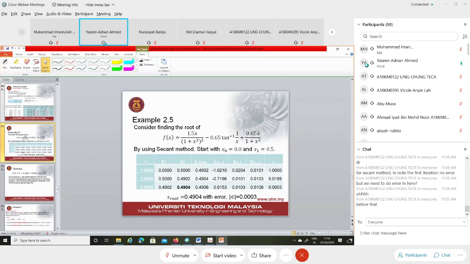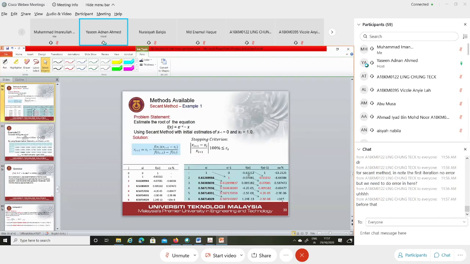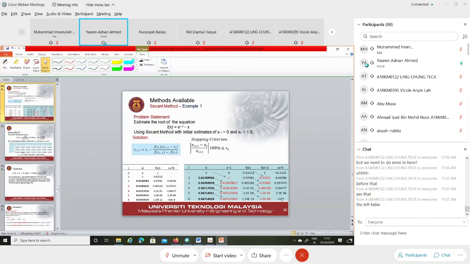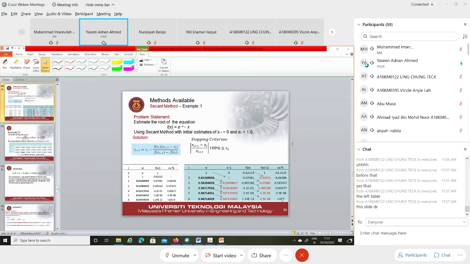Where? We also have error. Which part? Which slide? The left table. This slide, doctor. Okay. Oh no, this one aside. Don't be confused. They put it in a different way. Here is the error. Here is the error. This one is different.